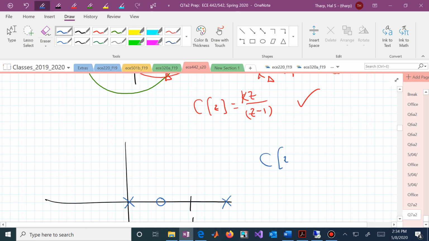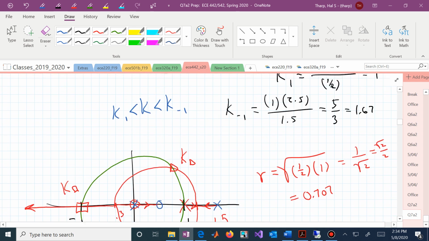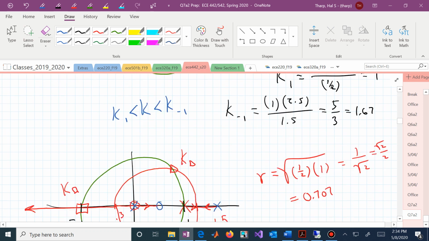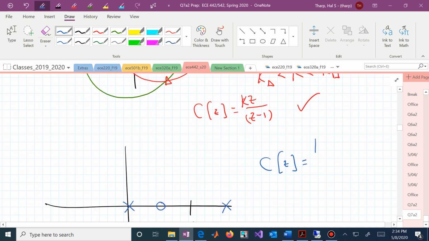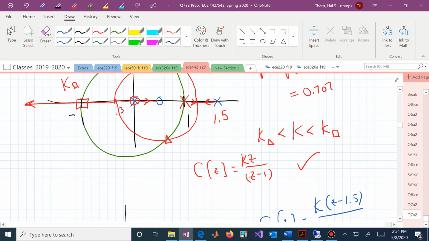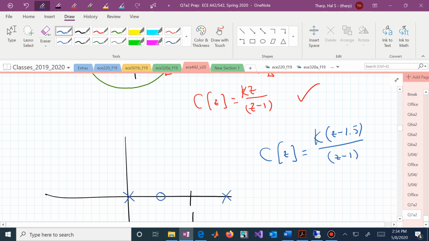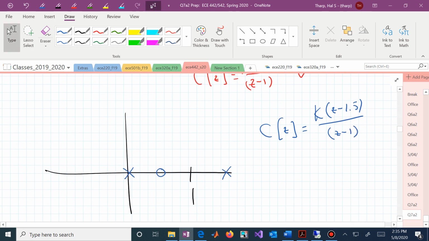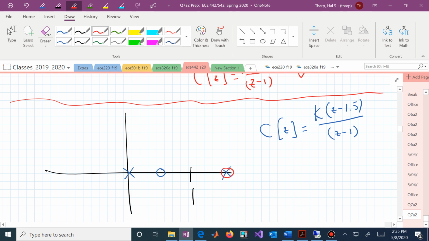Here, C of z, we want it to be k over something. And where was the something? It was now a pole at z minus 1. So this controller is now saying, oh, let's cancel that and put a pole here.